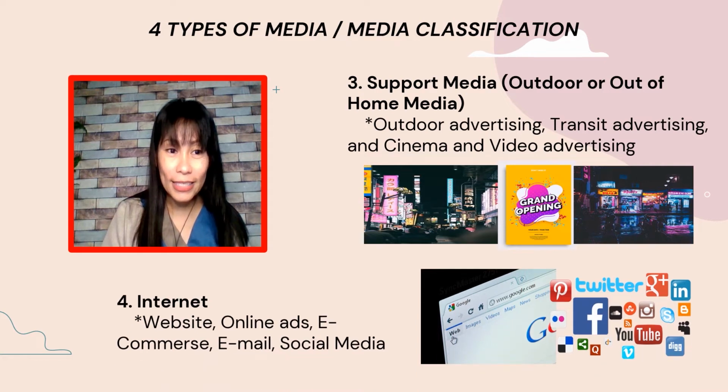The last type of media classification is the internet. So we are familiar with this. Examples: website, online ads, e-commerce, email, social media. These are other media that give us information, or these are also vehicles of information, no?